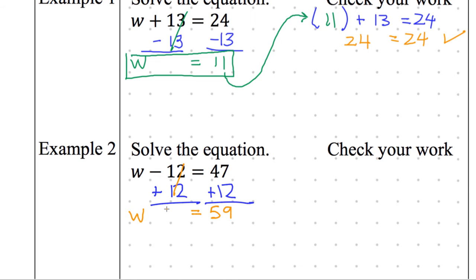Then what'd you do? Then I get my answer. Okay. It's 59 minus 12, so equals 47. And then I subtract and I got 47.